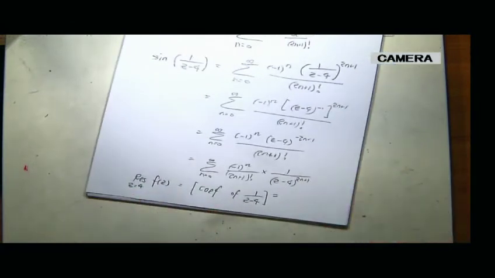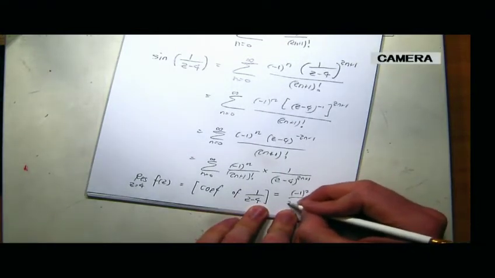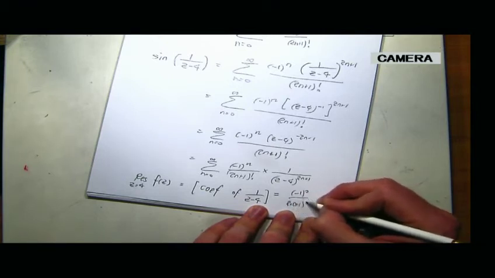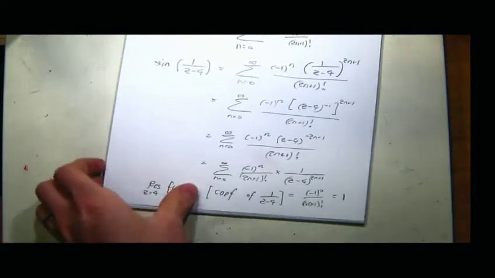And that would happen when n is 0. So it will be, let's see, minus 1 to the 0, over 2 times 0 plus 1 factorial, which is 1. Yay! That's the residue. Because when n is 0, I get z minus 4 to the power of minus 1. Magic, right?